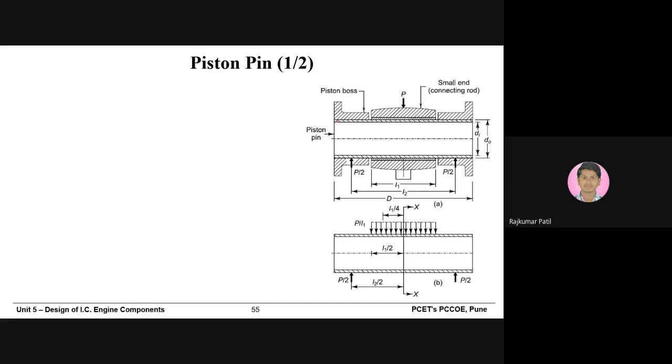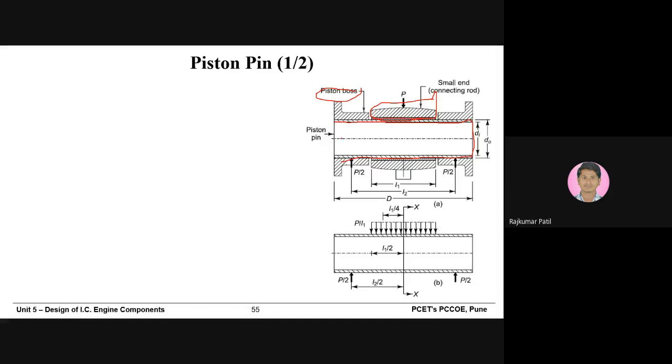So here you can see in the figure the piston pin, which is placed inside the piston, and especially it is between piston boss. So you can see the piston boss and the small end of the connecting rod. So between small end of the connecting rod and piston pin, there is a bush. You can see here, bushing is there.